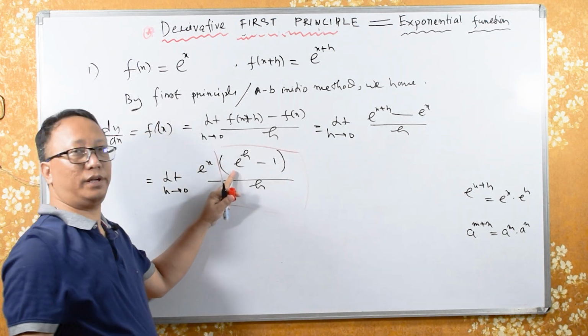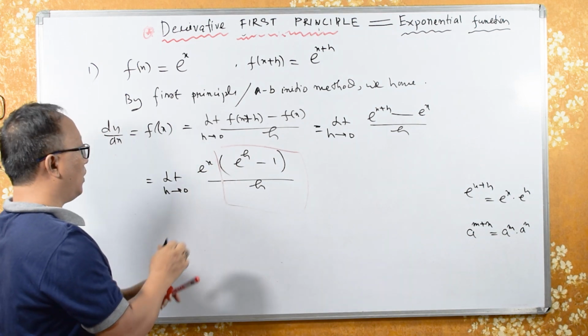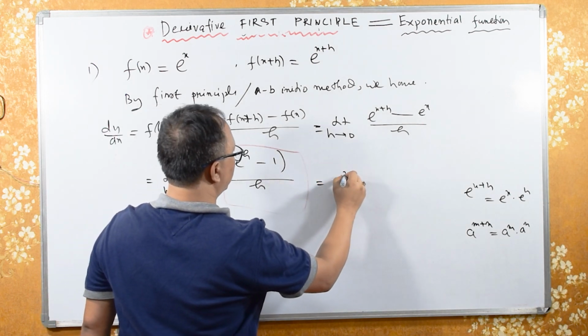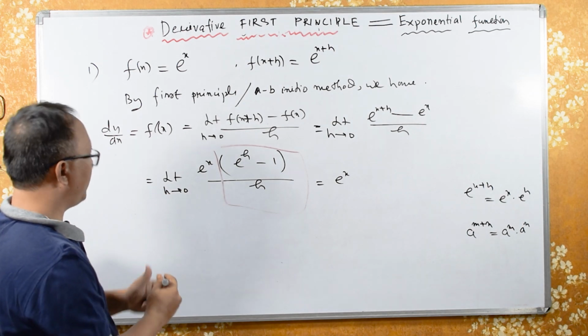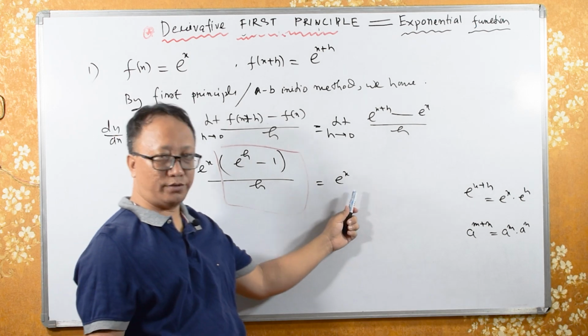Okay, log e is always 1. Therefore this whole term when h tends to 0 becomes 1. So what we have is only e raised to x. Therefore, by first principle, the differentiation of e raised to x is e raised to x itself.